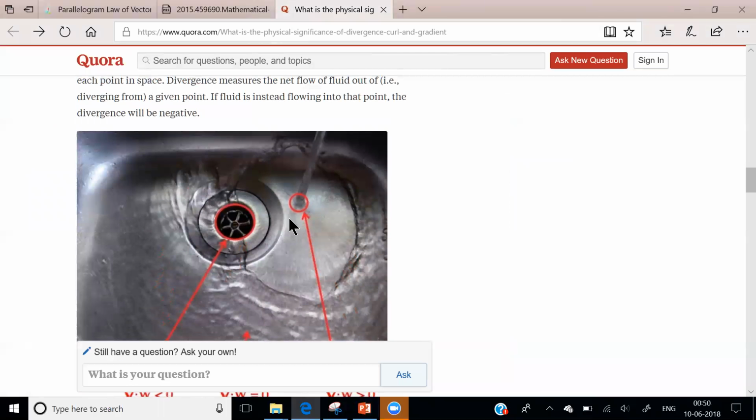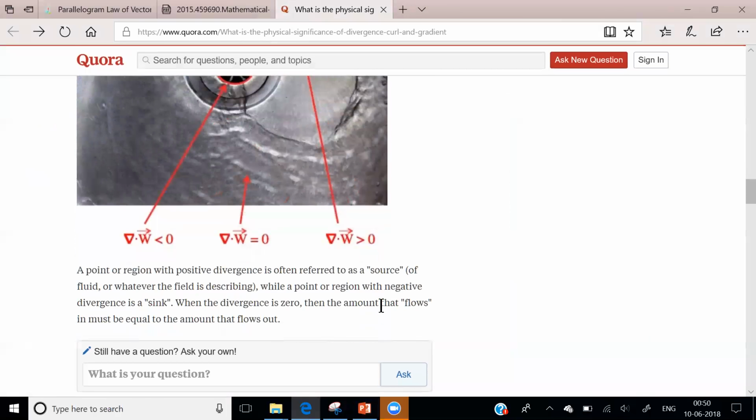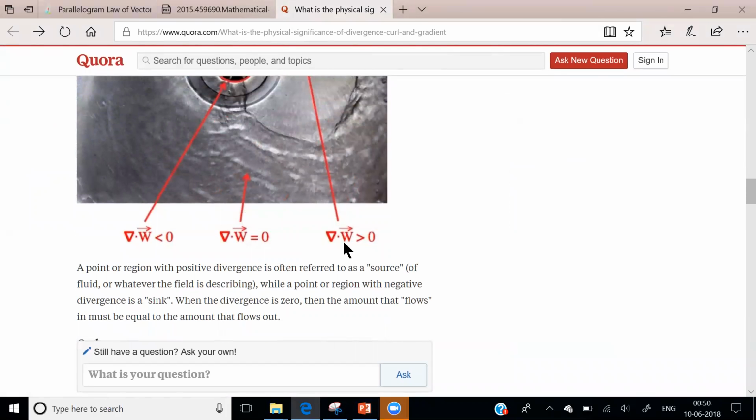That's what they've shown here: from the point where the water is pouring into this tank, the water is going outward, so the divergence is positive.